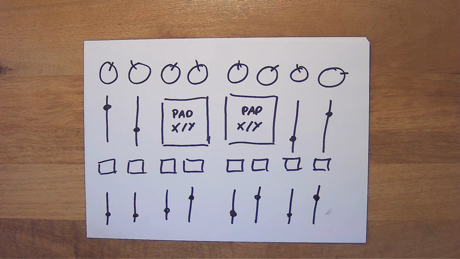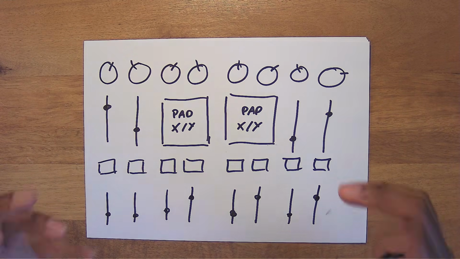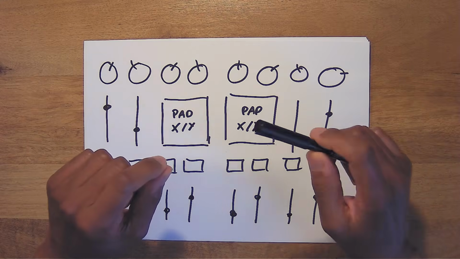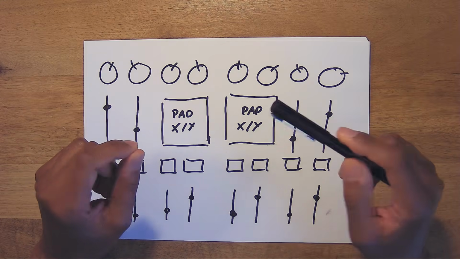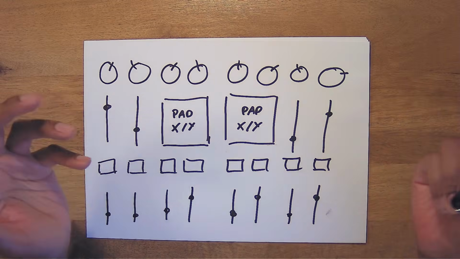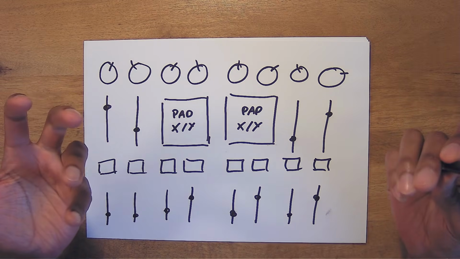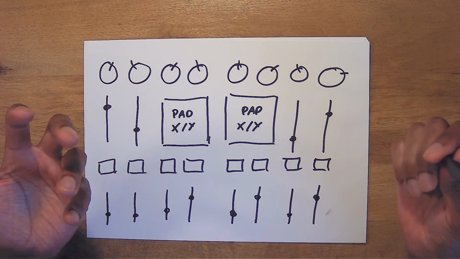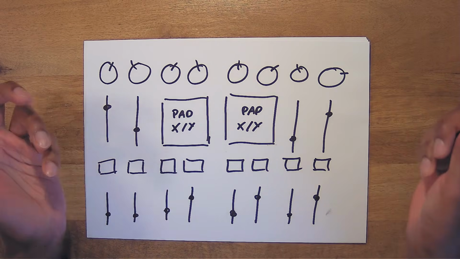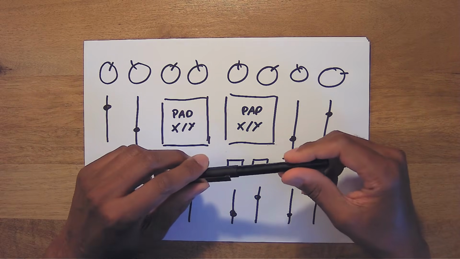Okay, it was quick, isn't it? So now I've got my interface, my controller is drawn. And what I want to show you is how to convert this drawing, this sketch, into a functional TouchDesigner interface in just a few minutes. Not a very long time, let's see.